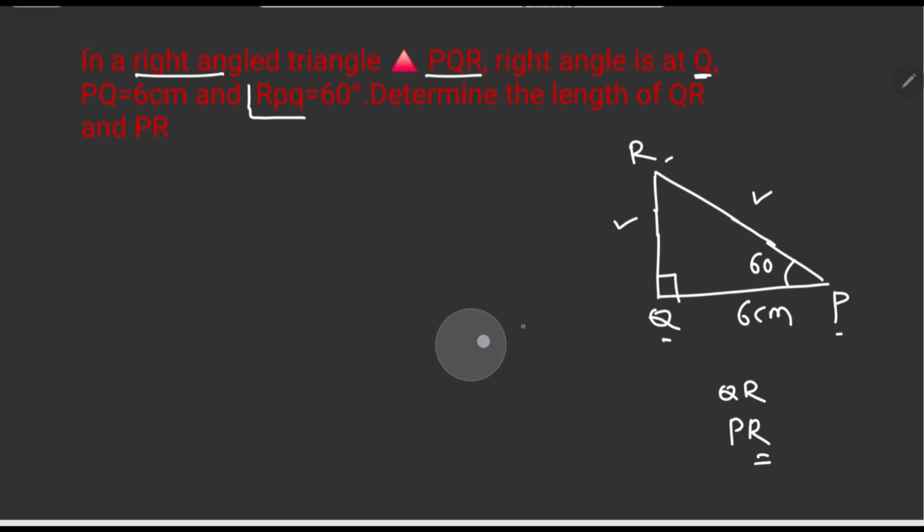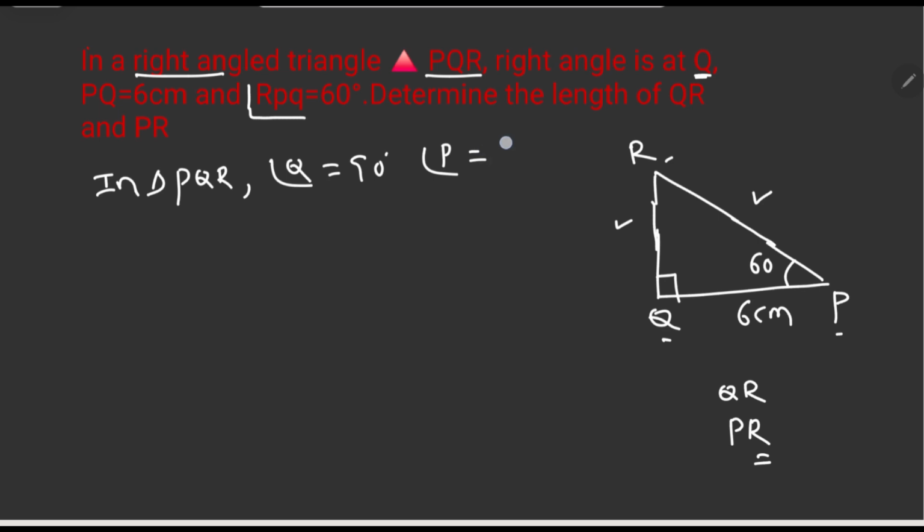So here in the given problem, to the theta 60 degrees, we have to find the opposite, using the adjacent. So I am writing, in triangle PQR, angle Q is equal to 90, angle P is equal to 60 degrees.